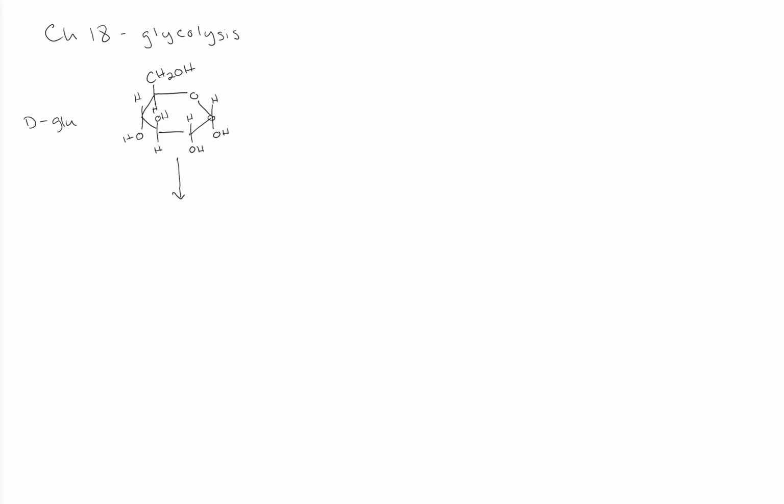We invest in ATP, and this is consumed, dephosphorylated to ADP in the presence of magnesium cofactor, through the enzyme hexokinase, which can also have isoform glucokinase. And what happens is we transfer a phosphate group onto the 6 carbon. So that looks like this.